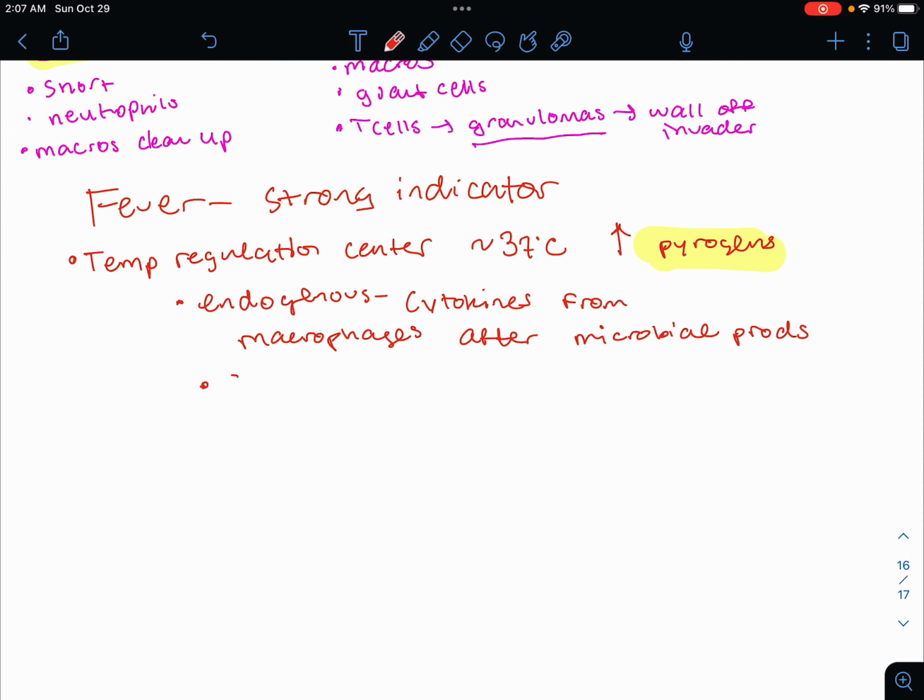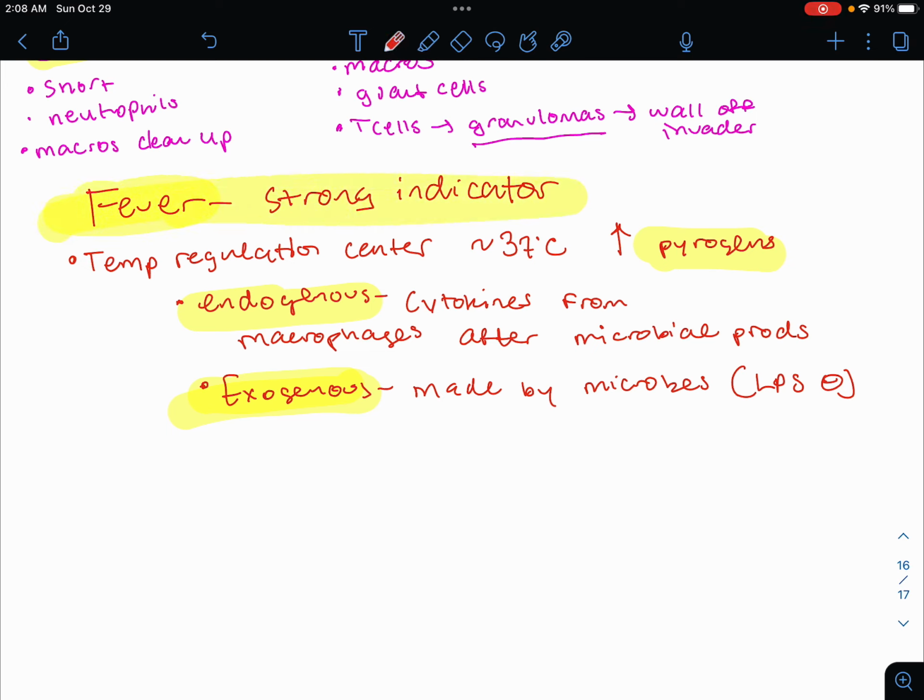However, we also have exogenous, where these are going to be made by the microbes themselves, such as the lipopolysaccharides of gram-negative bacteria in their outer membrane. So endogenous is from itself, the cytokines are your own, from your own macrophages. Exogenous, those are from the foreign pathogen.